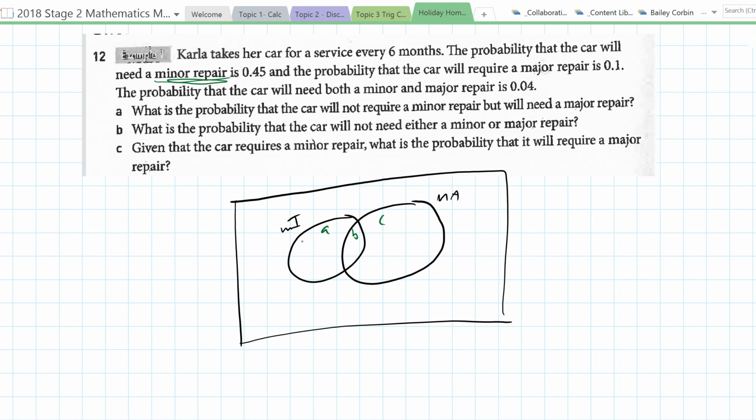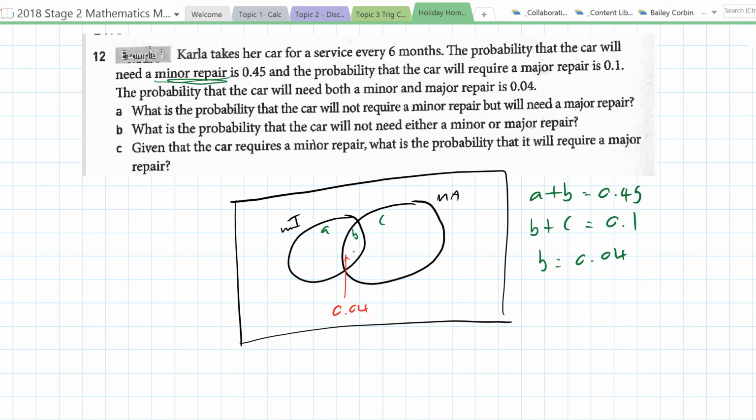So what this is saying is that really A plus B is 0.45. And B plus C is 0.1. And the car will be both a minor and major repair, so B is 0.04. That helps us fill in this Venn diagram. This here is 0.04.